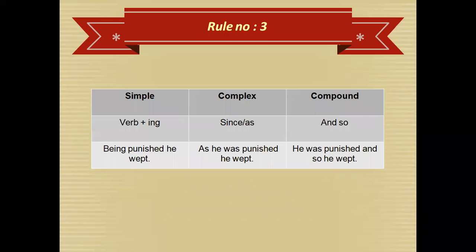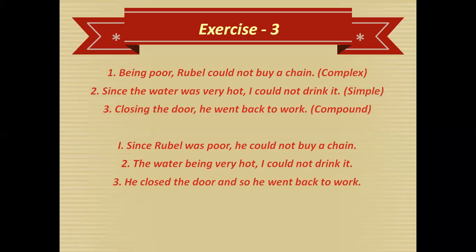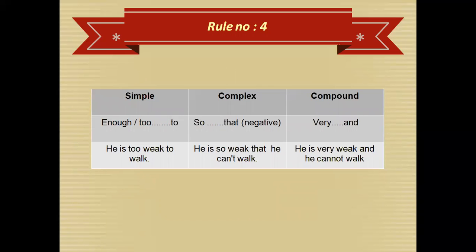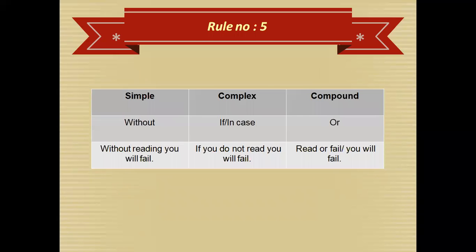Then in third type, if the simple sentence is in verb plus ing, we change it to complex with since or as, and in compound, and so. In rule 4, to in simple; in complex, so that in negative type; and in compound, very and. In rule 5, without in simple; we change it to complex with if or in case, or in compound, or.